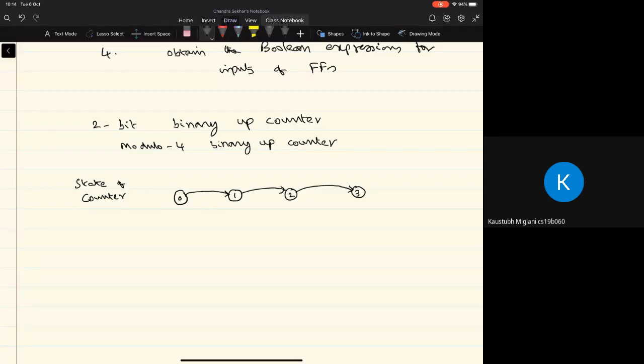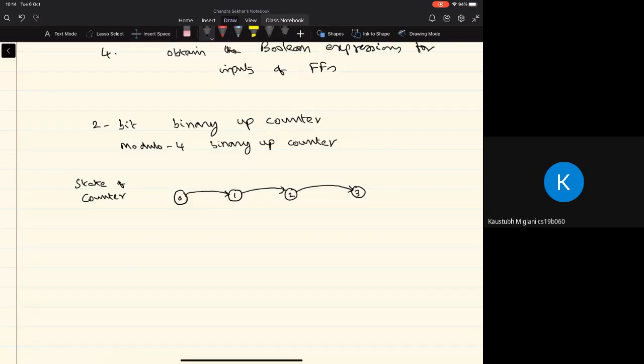Now, what happens when we are in the state corresponding to the value of 3 and now the control signal comes, right? What should be the next value? So normally it should have been the next incremented value, that should be 4, right? But 4 cannot be represented using 2 bits, and we want to design a 2-bit counter only, right?